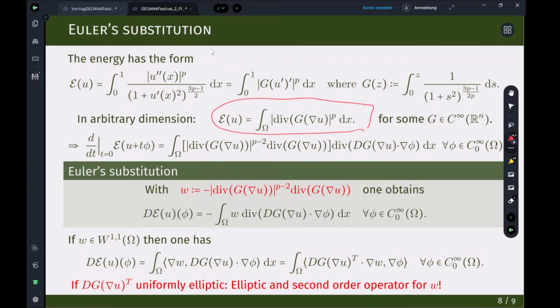And if you now plug in what g is, and if you look at this w, you will exactly come up with the same term that I showed to you there as Euler's substitution. This dg here in our case turns out to be uniformly elliptic, which is great.